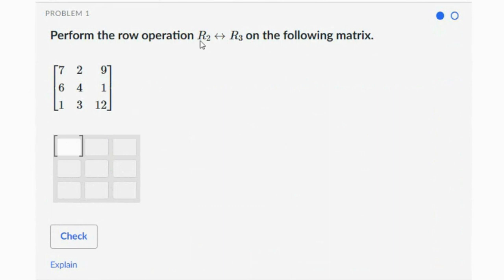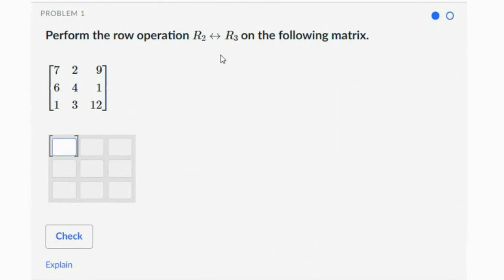If we perform this row operation, R2, double arrow, R3, on this 3 by 3 matrix, what numbers are we putting on the front row? This says take the second row and the third row and replace them. That means nothing happens to the first row. The first row is 7, 2, 9.